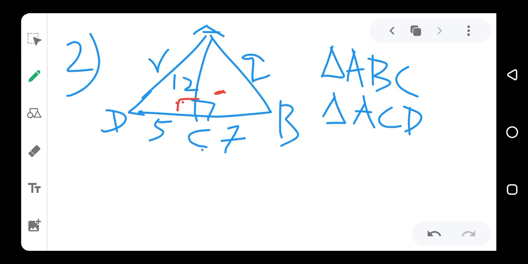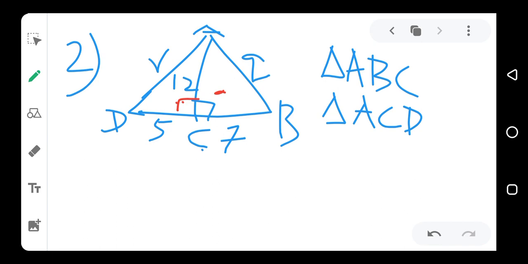So that means that for ABC, line AB is the hypotenuse, that is Q is the hypotenuse, and for ACD, R is the side that is facing the perpendicular side. So R is also the hypotenuse. Now let's look for the one that has two sides already known, and then we start solving from there.